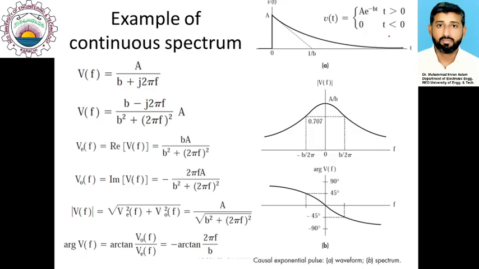The second type is the discrete spectrum or line spectrum, which is obtained using Fourier series, and that is applied to a periodic signal. So this concludes our discussion on spectrum.